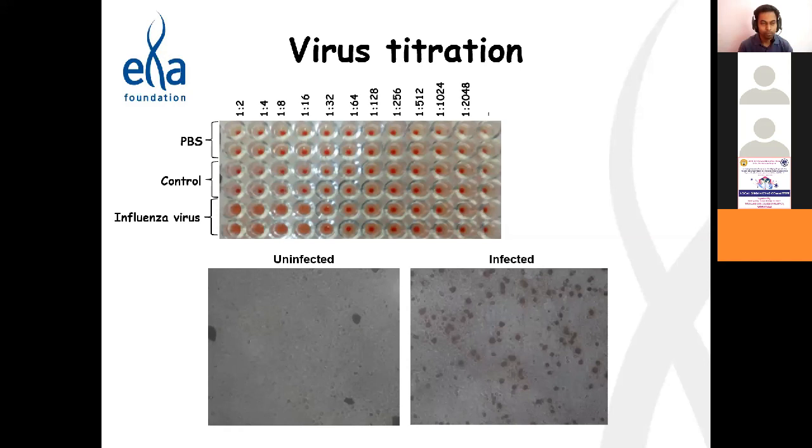To quantify them, there are some indirect assays required, where we use antibodies against one of the viral proteins which binds to the infected cells, and later we detect that antibody by using a secondary antibody, and count the spots, and then we can estimate the virus content in the samples.